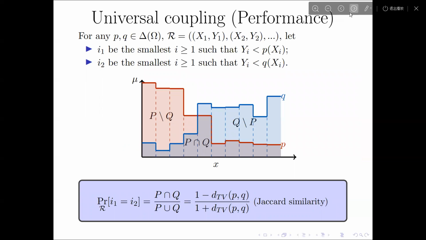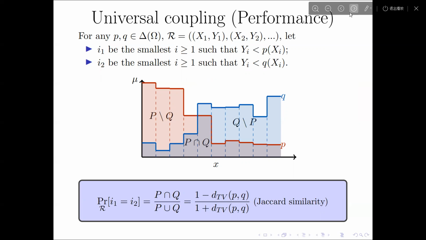Now we analyze our universal coupling's performance. For any two distributions, p and q on omega, use the same random bits r and run the procedure F. Let I1, I2 be the smallest i's such that yi is less than p(xi) and yi is less than q(xi) respectively. Then the following holds. The probability that I1 is equal to I2 is equal to the area of p intersection q over p union q.